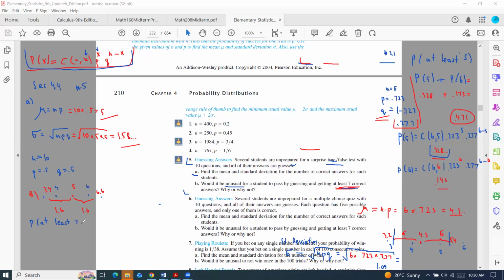Looks like 4 times, because at least 7 means it's either 7 or 8. Please notice you will pass this if you get 7 or more, right? If you get more, it's even better. You're still passing it. So if you get 8, or if you guess 9, or if you guess 10, I'm not sure if I have room here. I'll try to fit it.